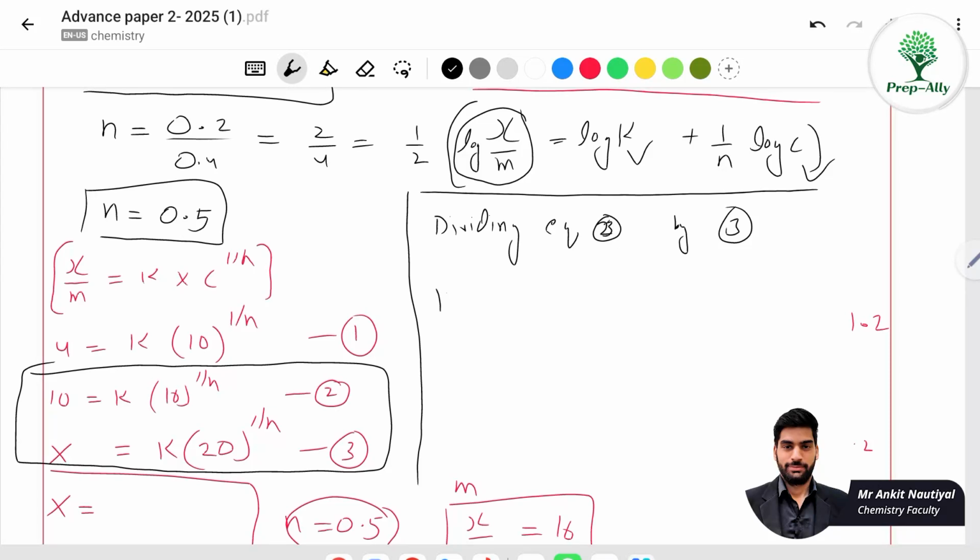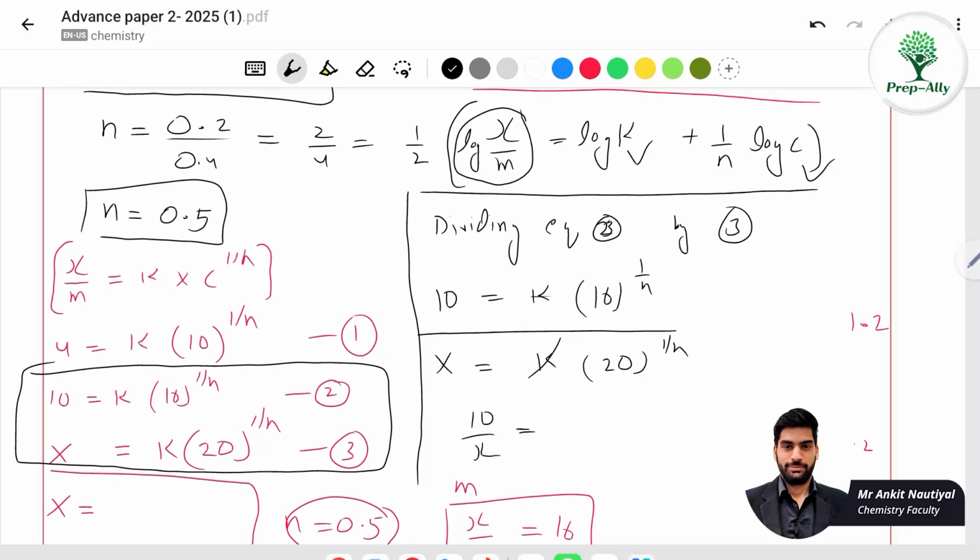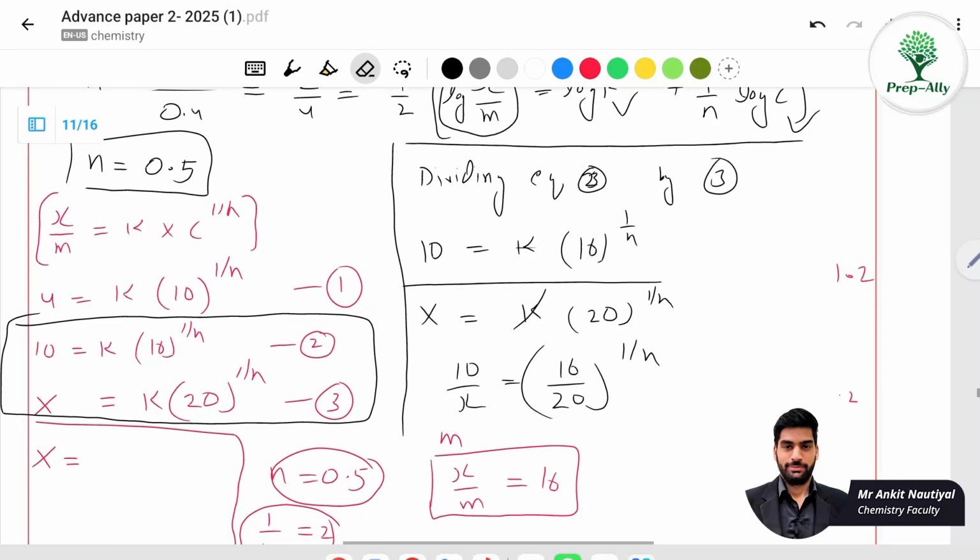So 10 equal to k multiplied by 16 power 1 by n, divided by x, that we have to find, equal to k 20 to power 1 by n. Now k to k will get cancelled out. So 10 upon x is equal to 16 upon 20 whole power 1 by n. Now we only have to solve this particular equation.